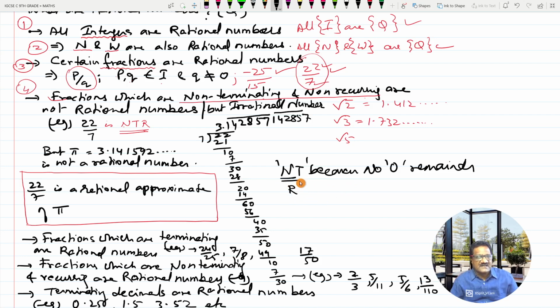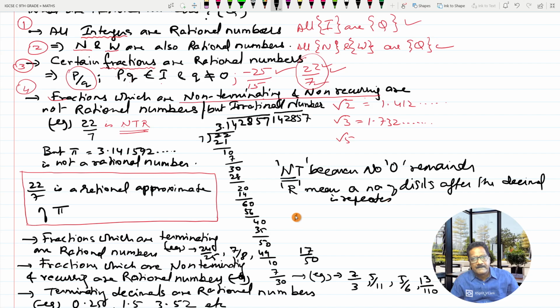Recurring means a number of digits after the decimal is repeated.